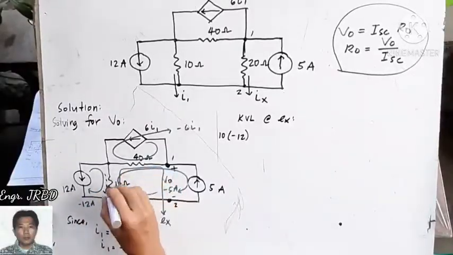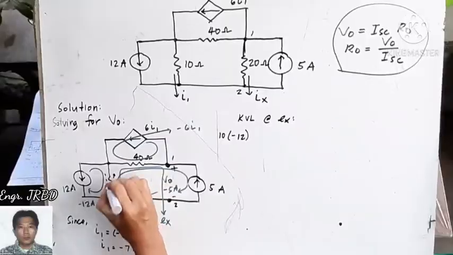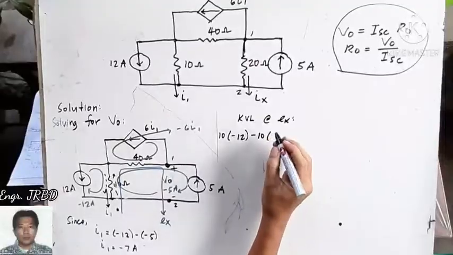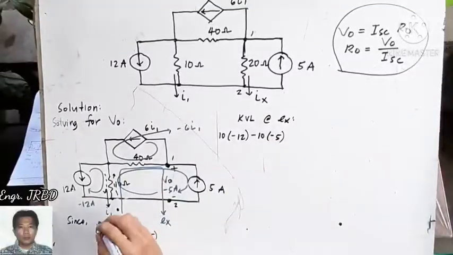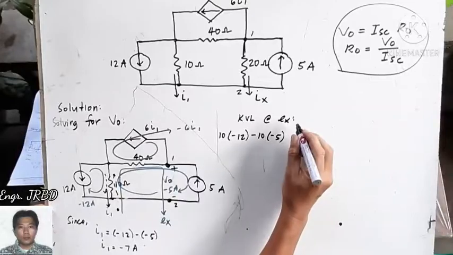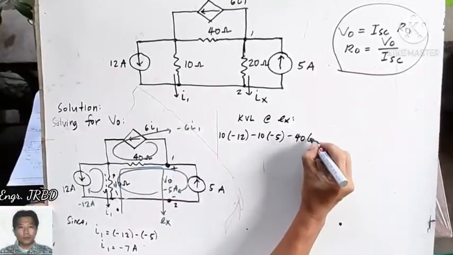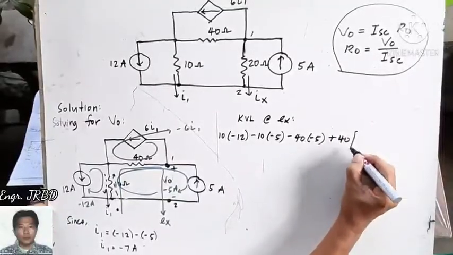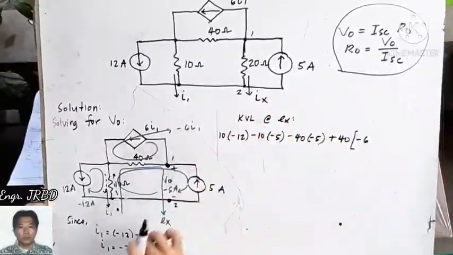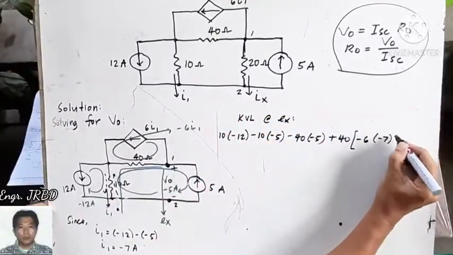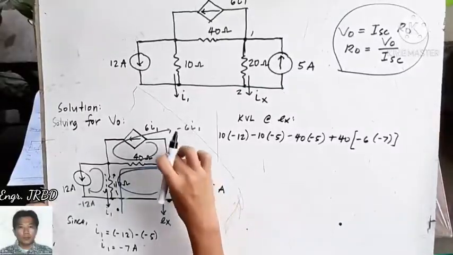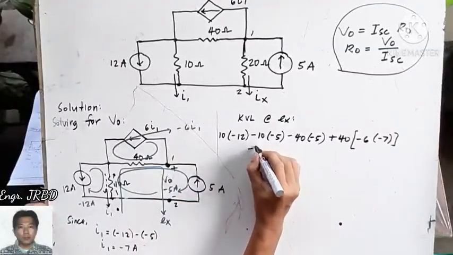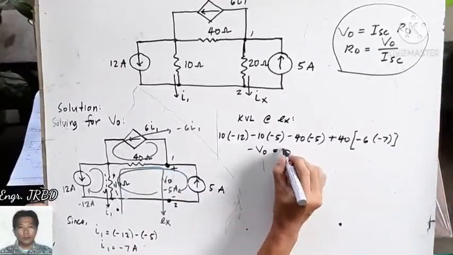The other one, minus 10 ohms times negative 5, minus 40 times negative 5, plus 40 times negative 6 I1, but I1 is negative 7. From plus to minus, we will now go down from plus to minus. Minus the open circuit voltage is 0.